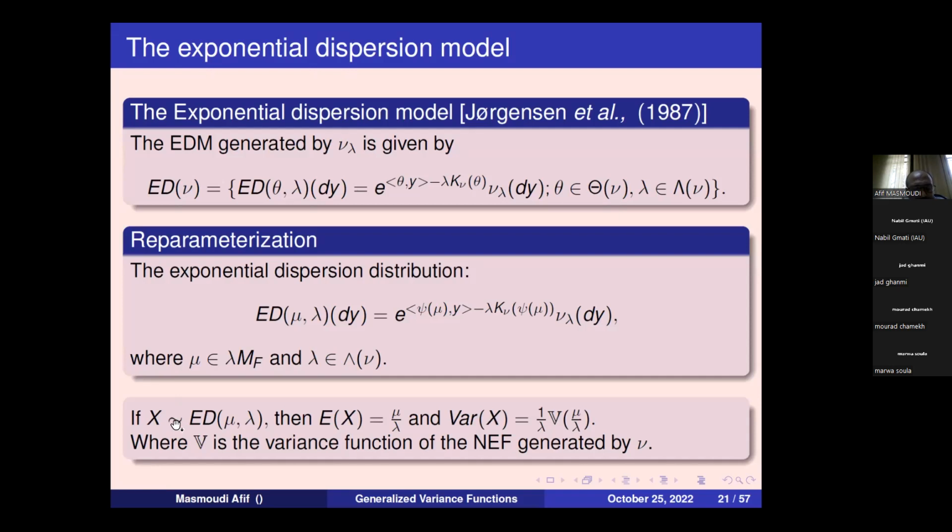In the Gaussian case, a Gaussian distribution is parameterized by the mean and the variance. So here we have the mean, and the dispersion parameter is denoted by lambda. The expectation of X is given by mu over lambda, and the variance of X is given by this expression.